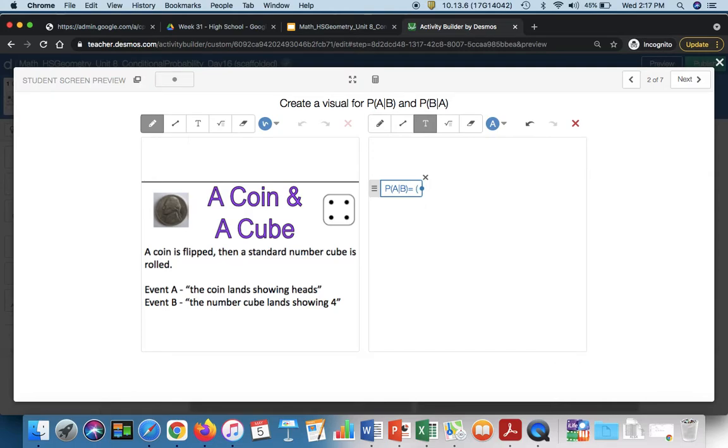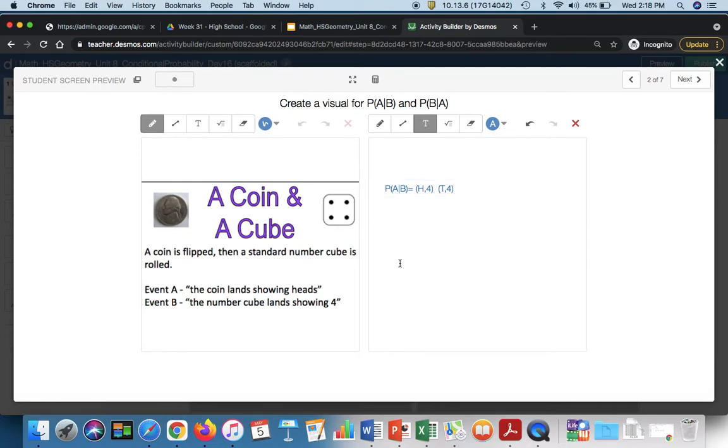So if the number cube already landed 4, I really only have two options for my coin. It's either going to be heads or tails. And this is saying that event B, or given event B, is already 4. Here are my two options. I could have heads 4, or I could have tails 4.